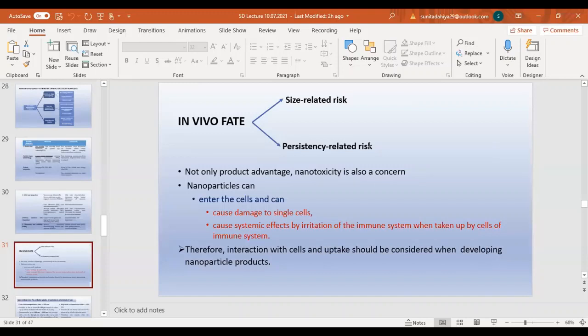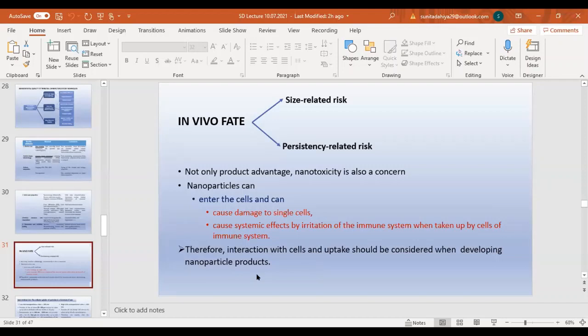So we will divide it into two: based on size, whether the nanoparticles are risky or not risky. Why do we consider these two factors when we talk about the in vivo fate or nanotoxicity? Because nanotoxicity is always a concern when we talk about nanoparticles or nanoscale sizes. When we say nano, we must think that they are smaller in size and can always enter the cells.